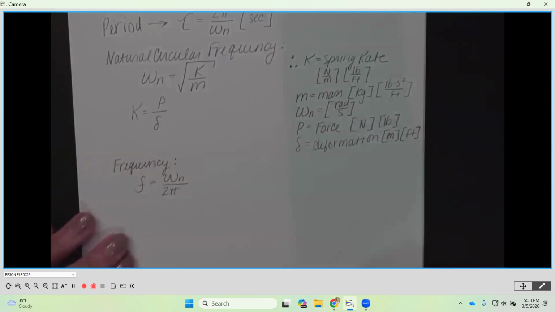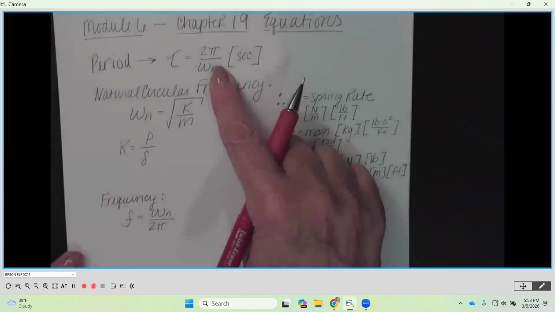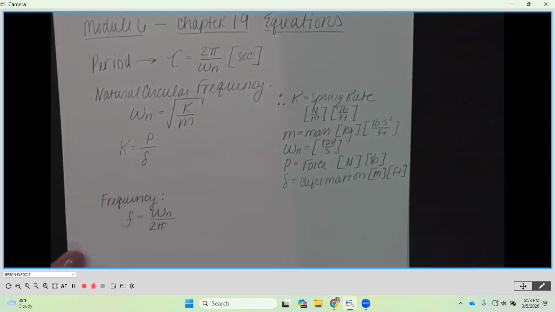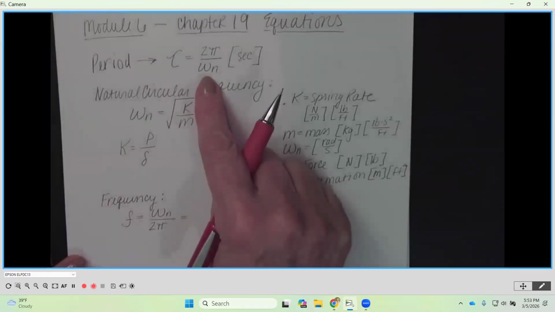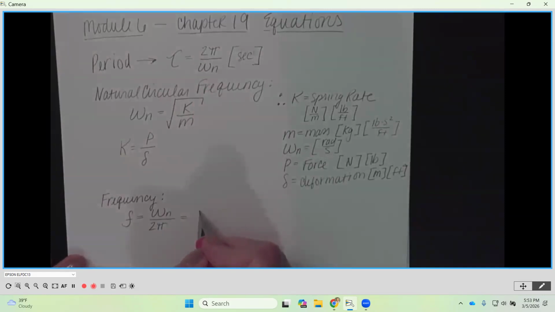Now, notice it's the exact opposite of this. It's the reciprocal. So if we have our period known or figured out, we can just take 1 over the period to get the frequency as well. Now, the units for frequency are going to be the hertz. And a hertz is a cycle per second. Like how many cycles do we get per unit of time, or per second? Okay.